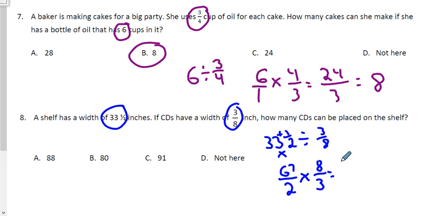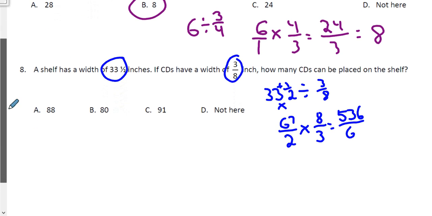So 67 times 8 is 536 over 6. So now I have to divide. So 536 divided by 6 goes in there 8 times, which is 48.